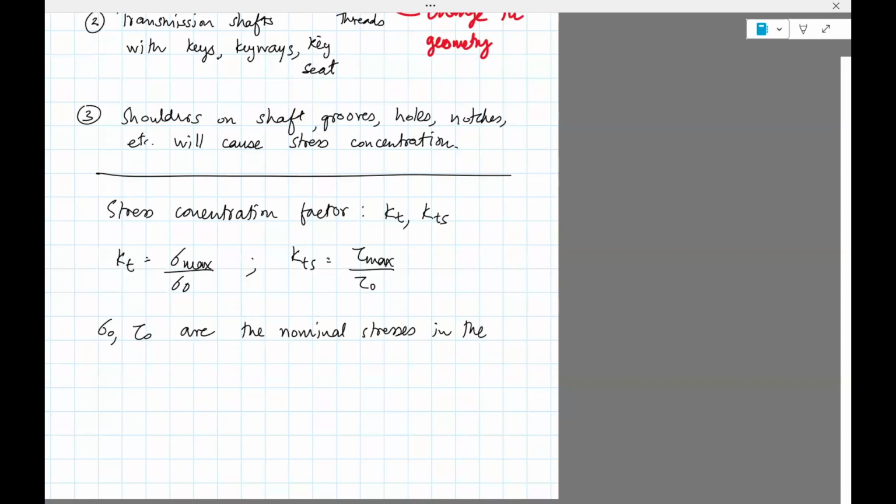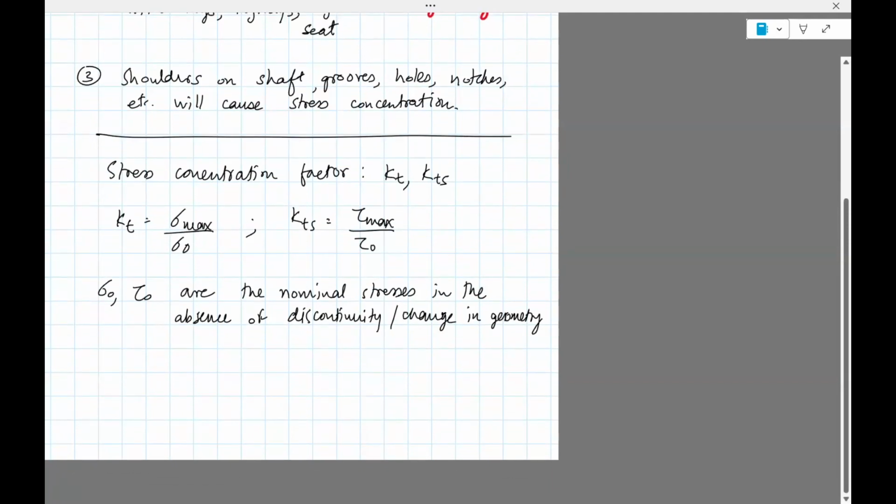In the absence of discontinuity or change in geometry, this is the stress you would expect if there was no change in geometry, no discontinuity. It's the normal stress. It's not that high.